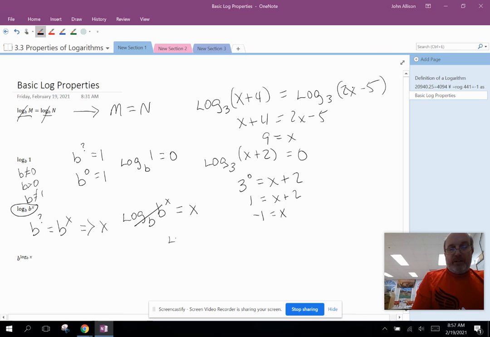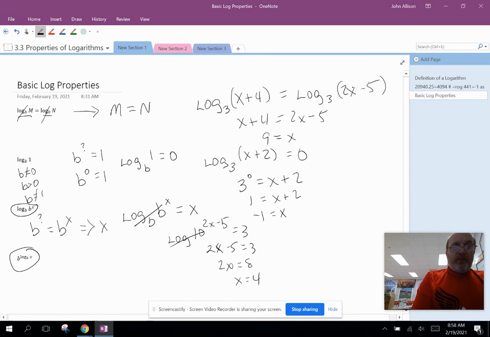So if we had an equation that said log of 10 to the 2x minus 5 equals 3. Well, the log and 10 as the base of the exponent cancel, gives you 2x minus 5 equals 3. So we add 5, get 2x equals 8, and divide by 2 and get x equals 4.